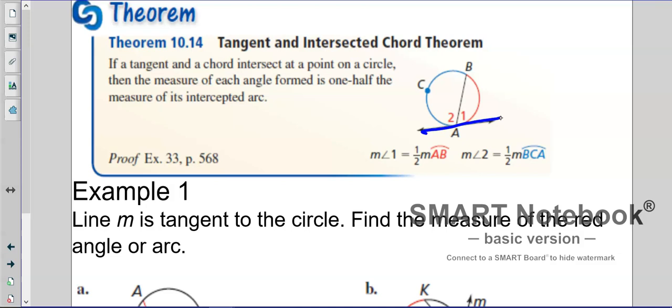The measure of angle 1 is half of AB. So this right here is half of that arc. Angle 2 is half of this arc, BCA, the major arc.